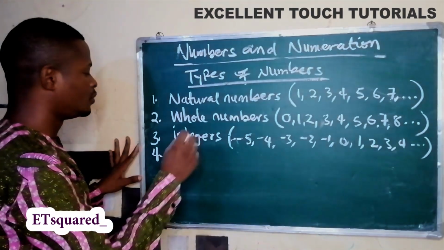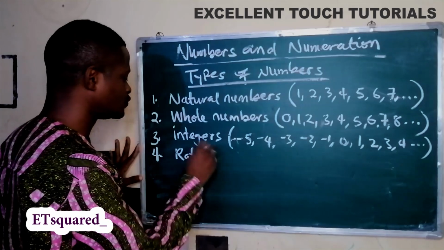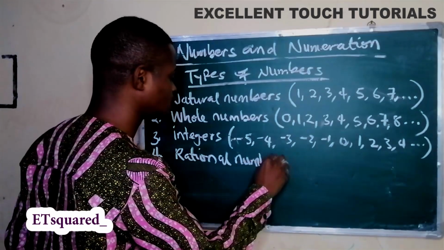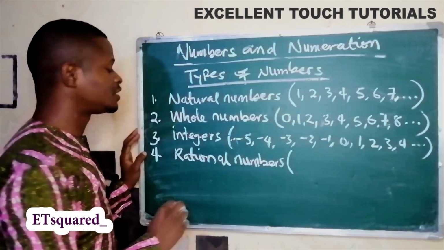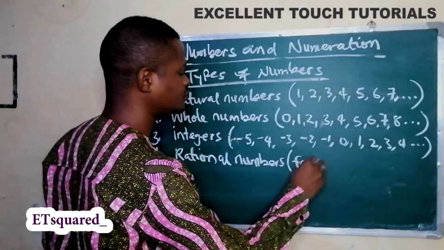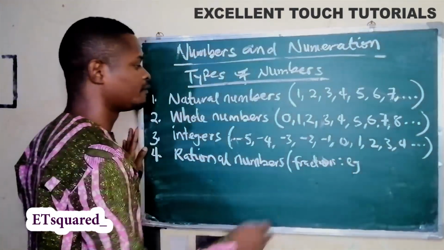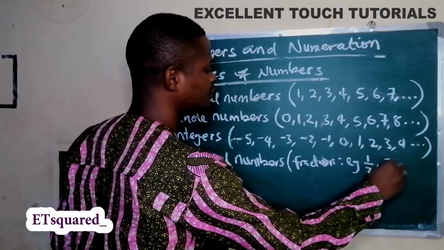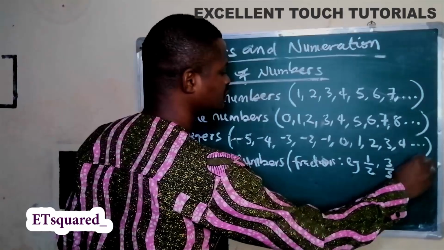Then number 4, we have what we call rational numbers. Now, rational numbers are numbers that can be written in form of fraction. So they are essentially fractions, e.g., 1/2, 3/5, and so on.